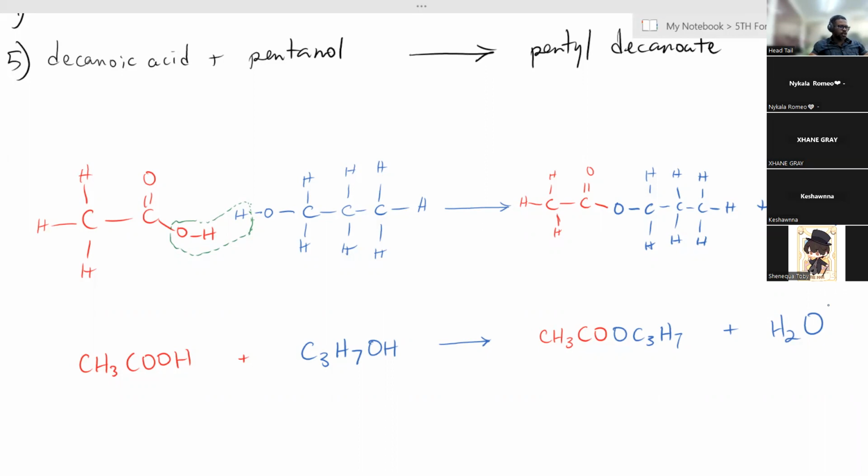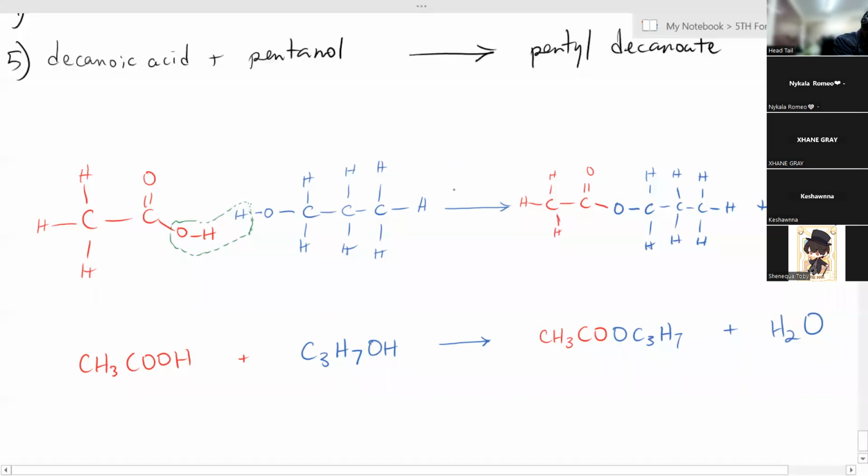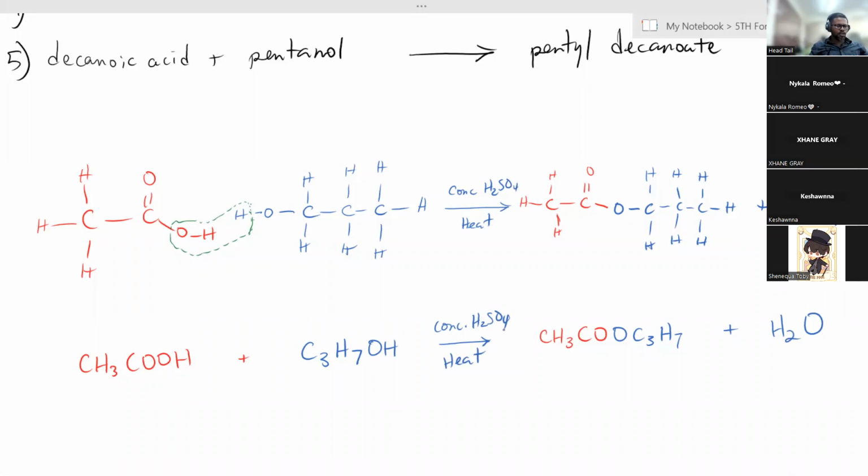In all of these cases, we have concentrated H2SO4 and heat, to make the ester. So now the question is, what is this acid for? What does the acid work as?